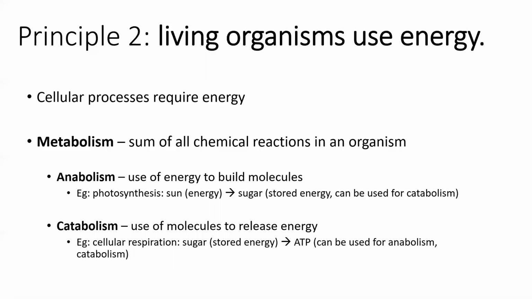Basically, the light energy has photons inside it, which will then go through a complex process that we're going to be discussing later on to produce sugar. The sugar then can be stored, and we can utilize that later on.